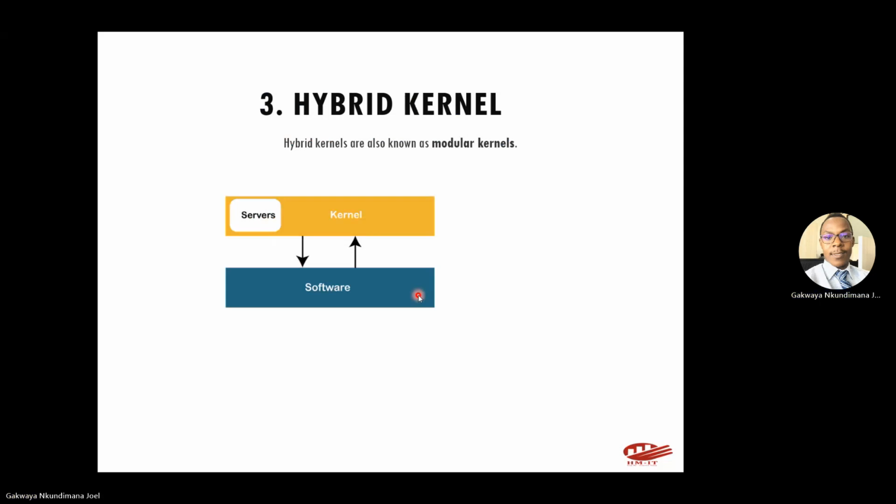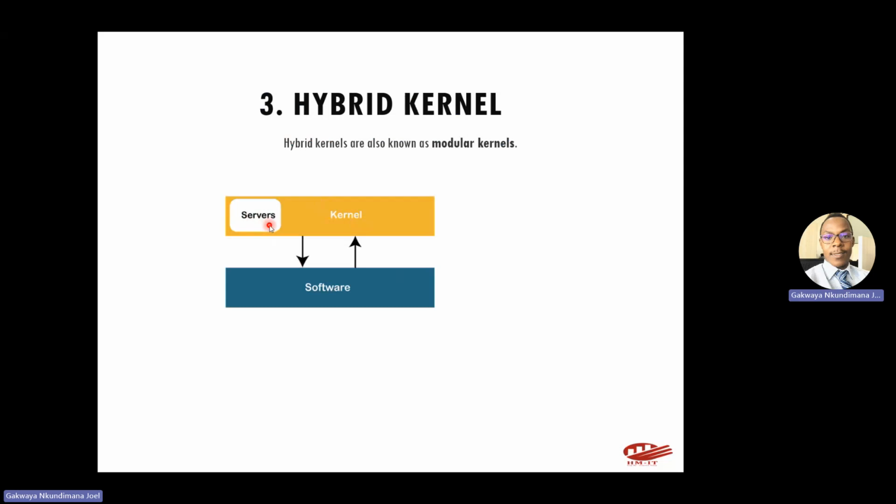Another kernel which we can think about is the hybrid. A hybrid is when we combine both types of kernels, monolithic and micro. When you combine them, you have a hybrid. Do you remember the hybrid mode when COVID tried to reduce contact?